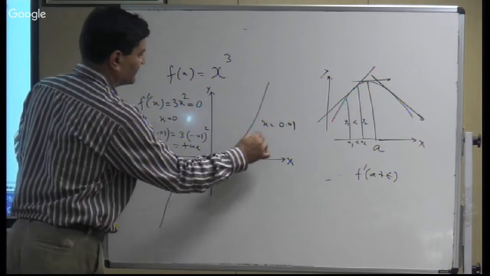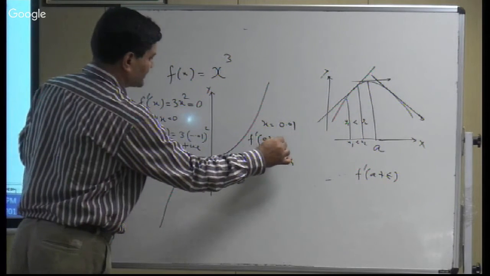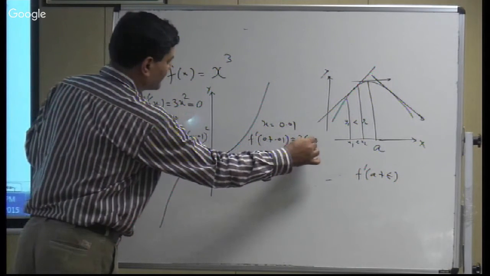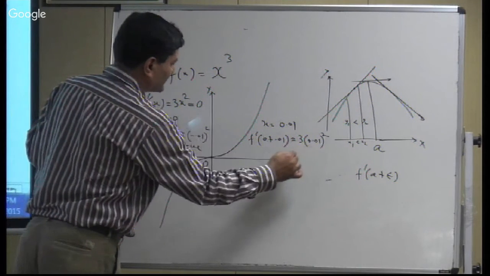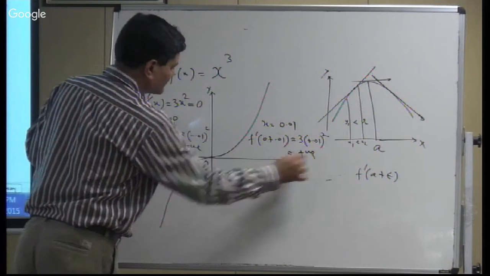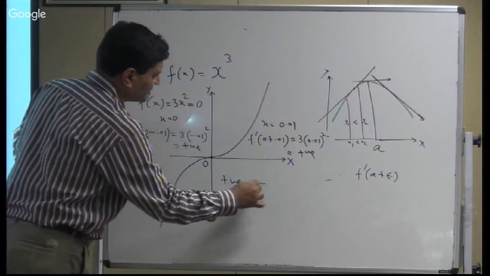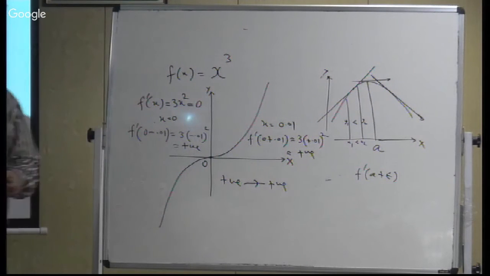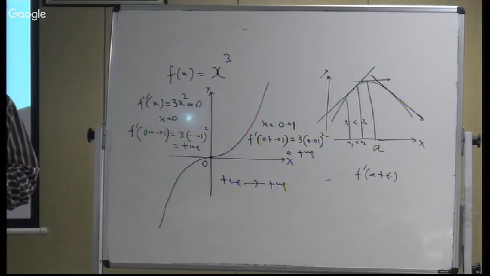Again the derivative will be 3 times the square, with h taken as 0.01. We are not interested in the numerical value, just the sign. So you will observe that the derivative is not changing sign. So x equal to 0, in spite of the first derivative vanishing, is neither a point of local maxima nor a point of local minima.